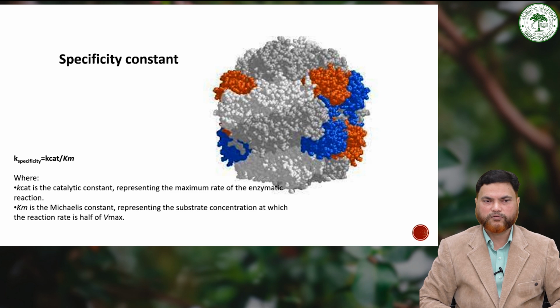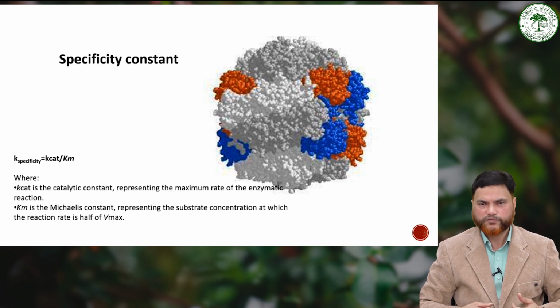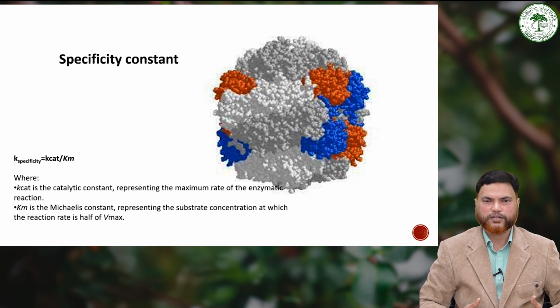Now another one is the specificity constant of an enzyme. What this specificity constant indicates, generally it can be calculated by calculating the catalytic constant upon the Michaelis-Menten constant, and generally it's a measure of the efficiency and specificity of an enzyme catalyzed reaction.